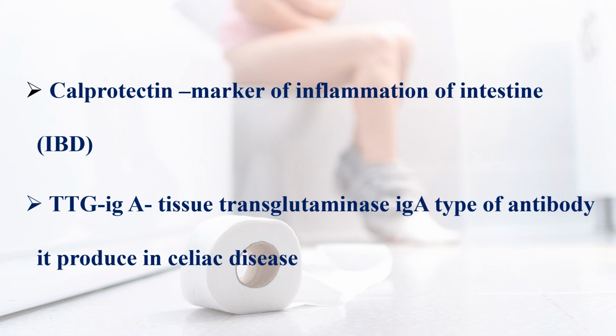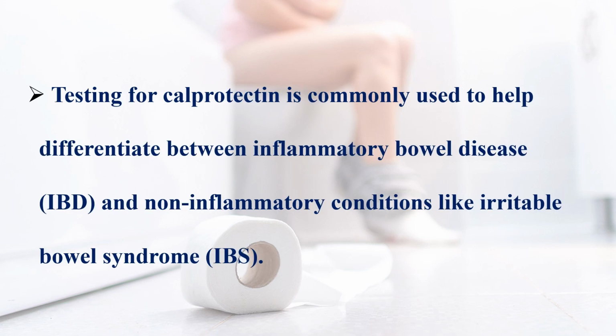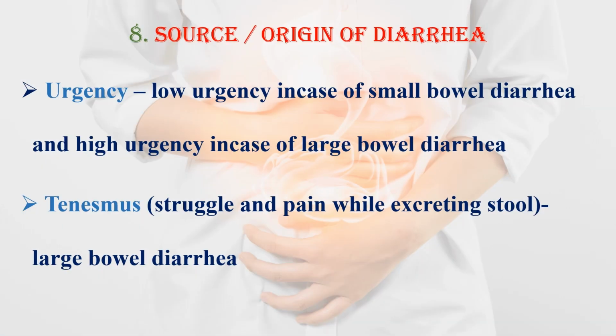Next one, TTG-IgA, tissue transglutaminase IgA. It is a type of antibody produced in celiac disease. Testing for calprotectin is commonly used to help differentiate between inflammatory bowel disease and non-inflammatory conditions like irritable bowel syndrome.